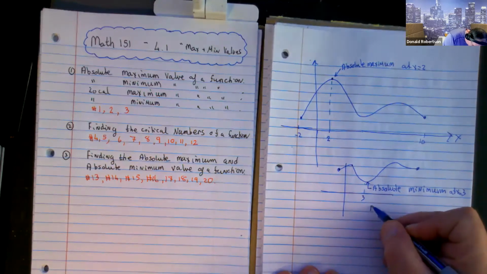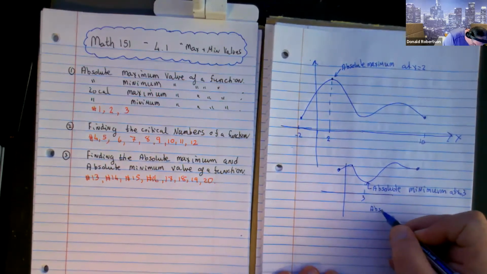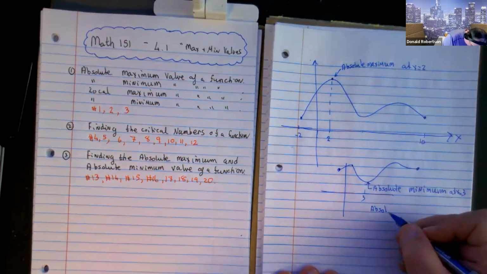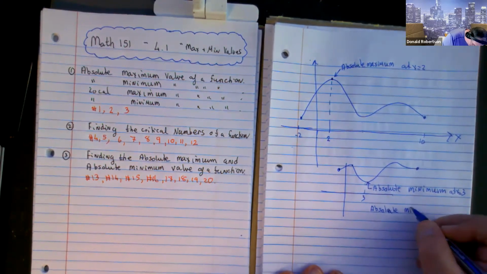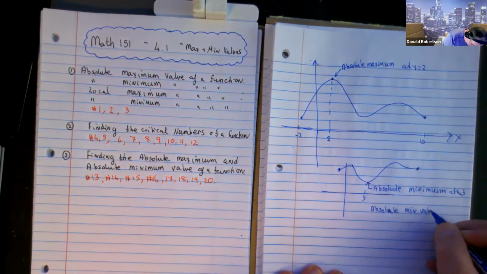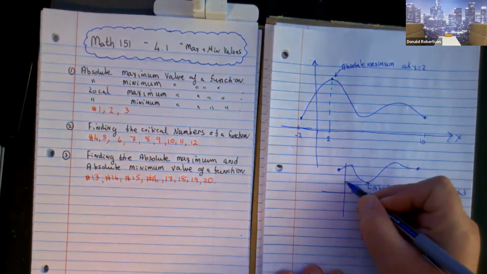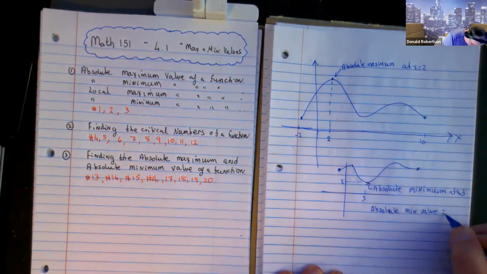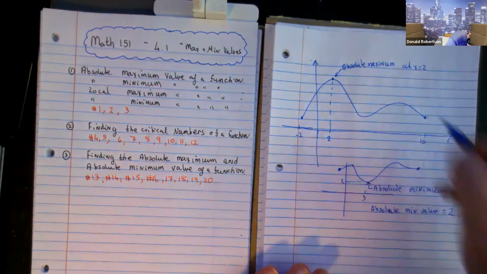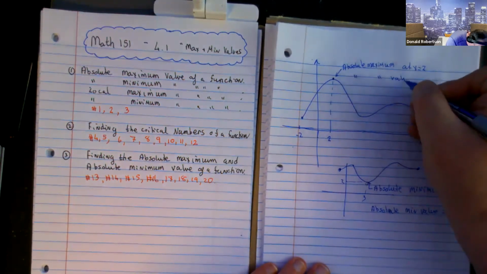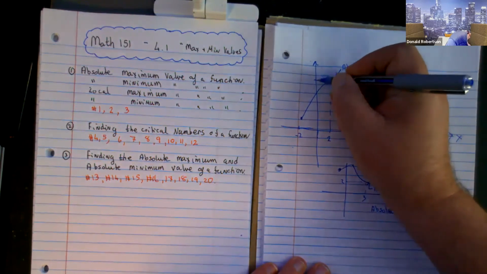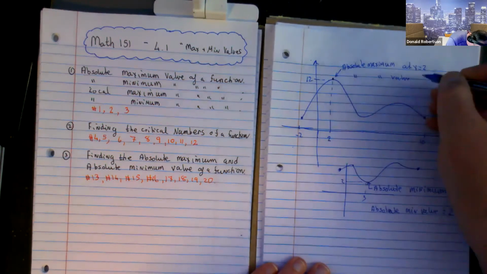And if they had said, what is the absolute minimum value, you would say it was equal to 2. And if they asked you what was the absolute maximum value, you would say it was, in this case, 12.